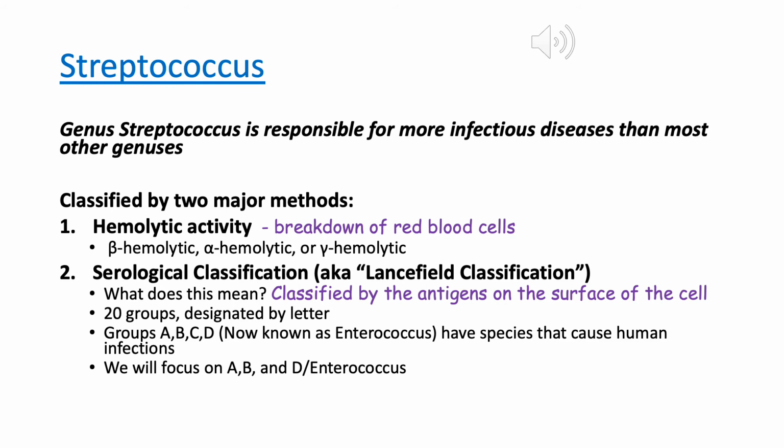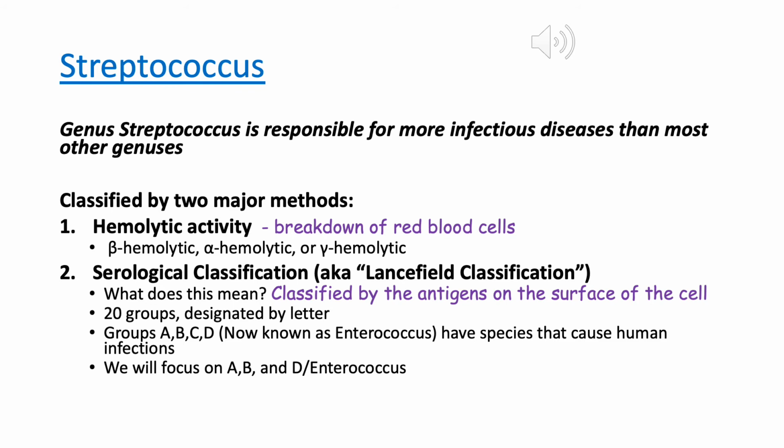And then the second method of classifying Streptococcus is by their serological classification, which is also known as the Lancefield classification. And what does that mean? It means that they're classified by the antigens on the surface of the bacterial cell.